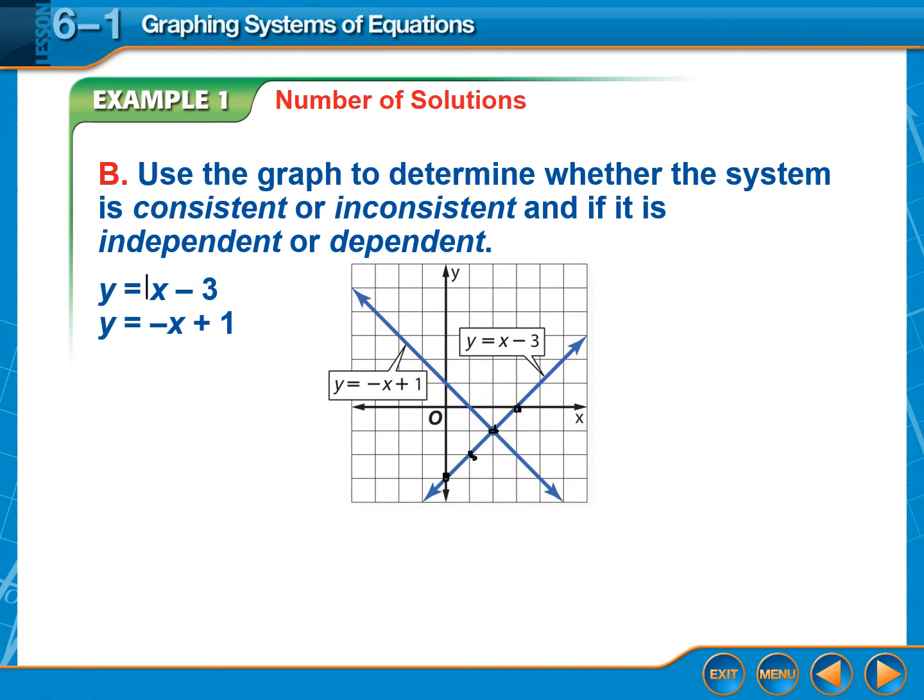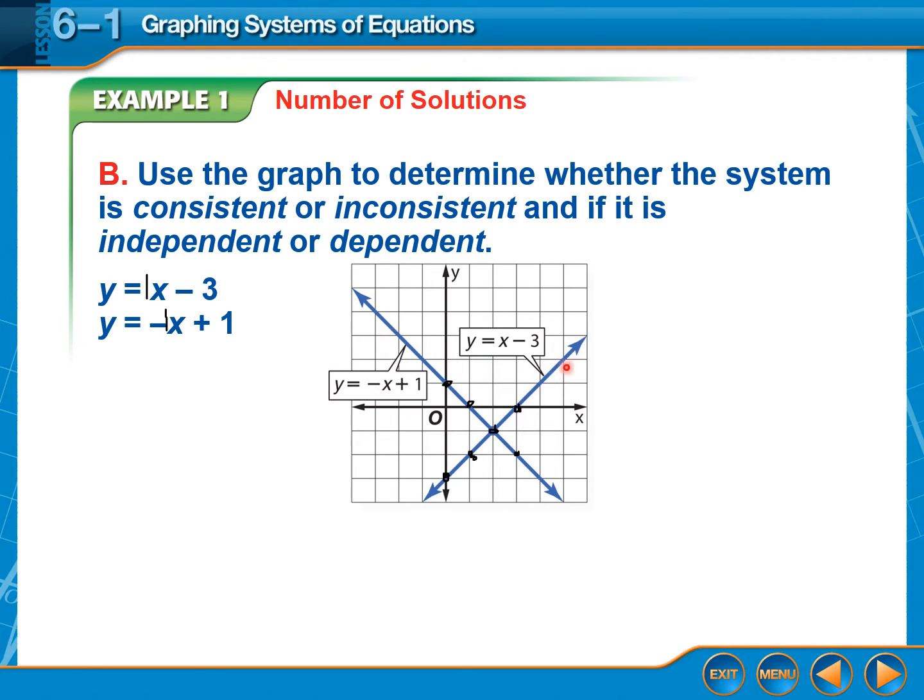For the second equation, my y-intercept is 1, so that graph starts up at 1. But in this case, my slope is, since it's negative x, remember there's a 1 there, so it's actually going to be negative 1x. So in this case, my slope is starting at positive 1 and going down across the graph. So I've got two equations, y equals 1x minus 3 and y equals negative x plus 1.